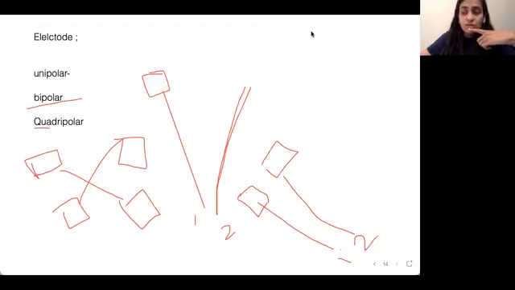Since we're here, let's talk about your EMG biofeedback. I think somebody had asked a question the other day on the group. Whenever you want the current to go deeper, you have to increase the distance between the electrodes, and the minimum distance should at least be the diameter of one of the electrodes.